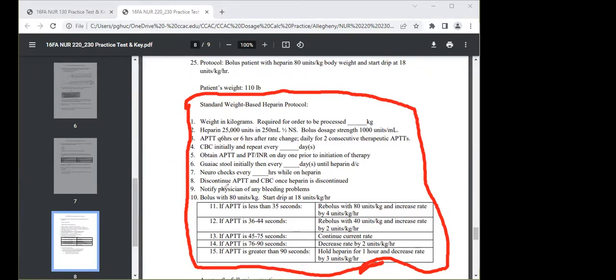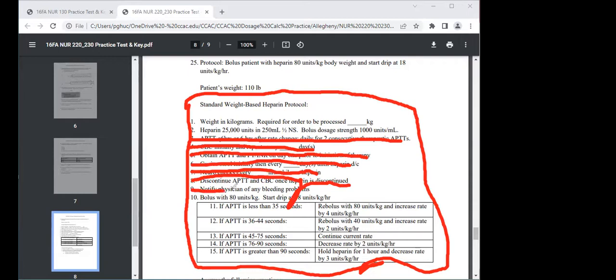When we're doing the protocol, there's a couple of things we don't need to worry about, at least from the math perspective. We really don't need to worry about 3, 4, 5, 6, 7, 8, or 9. We do need to worry a little bit about 10.